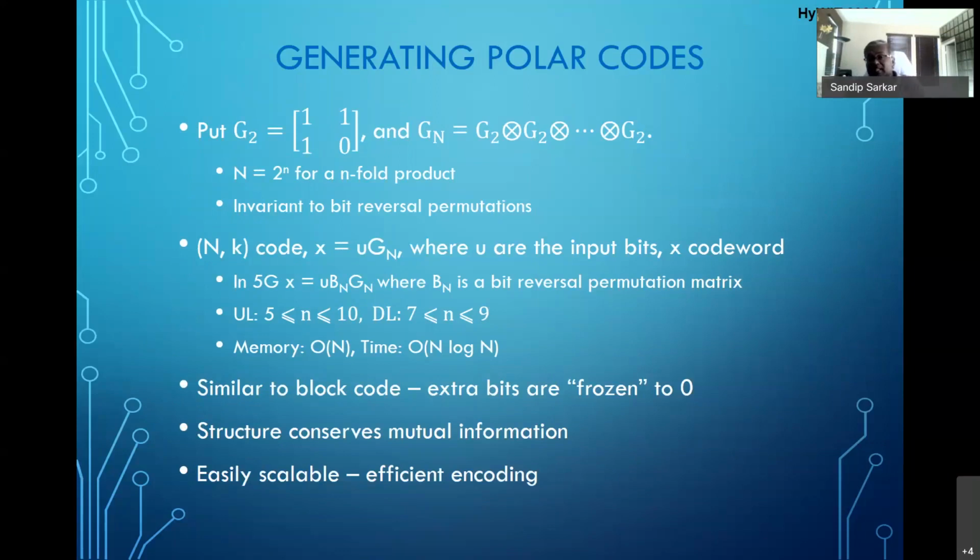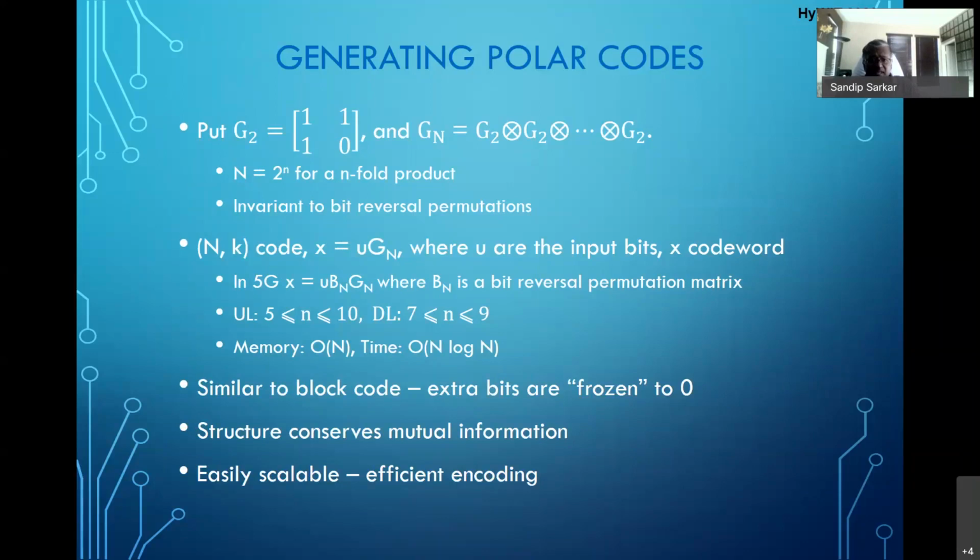Now you can use this matrix and take the Kronecker product of it with itself. So if you take an n-fold Kronecker product, you get 2 to the power n code words. So you can form an NK code in general by using this generator matrix.